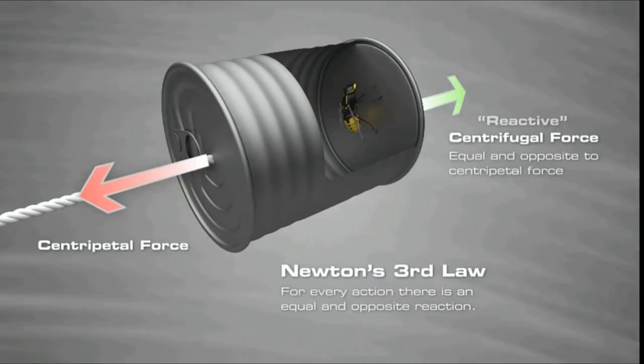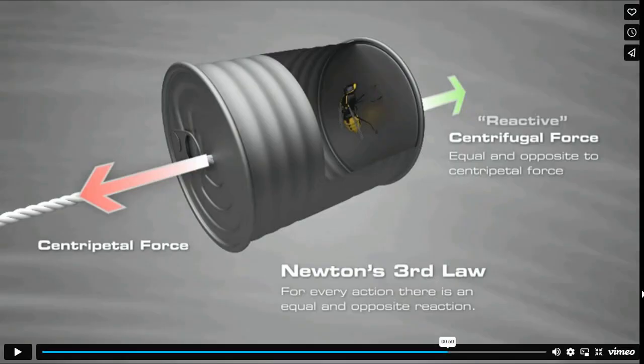And so the bug feels like it's being pushed towards the outside of the can, which is the centrifugal force. So you can only get the centrifugal force if you have something that's rotating. It's a consequence of the rotation, whereas the centripetal force is the cause of the rotation. So centripetal is the cause, and centrifugal is the effect of the rotation.